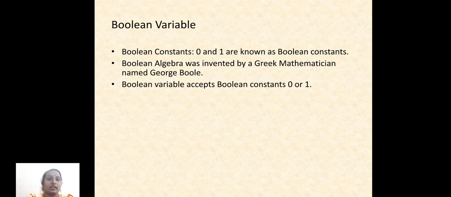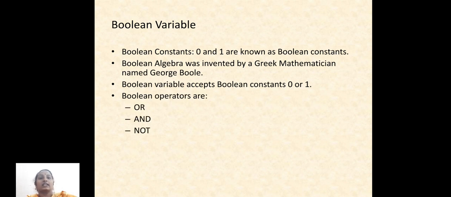The 2 constants are 0 and 1. While coming to the operators, the Boolean operators are the OR operator, AND operator, and NOT operator. The OR operator is considered for the purpose of addition, the AND operator indicates the product function, and NOT is used to indicate the complementing function.